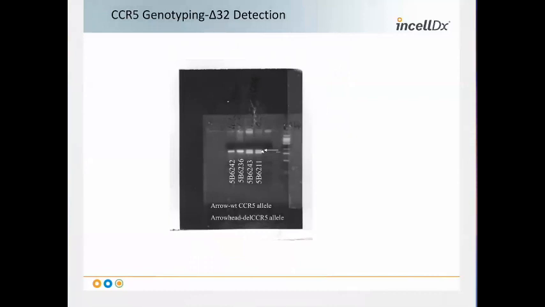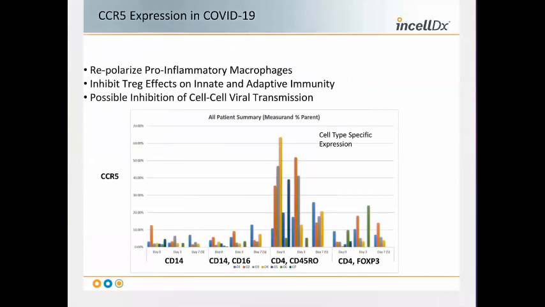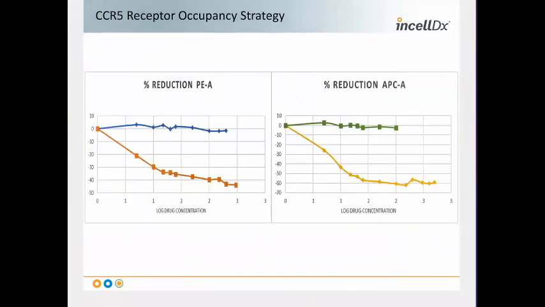There was wild type CCR5 and delta 32, an allele with a 32 base pair deletion that conferred protection against HIV infection. And what that really led to was an assay called receptor occupancy.